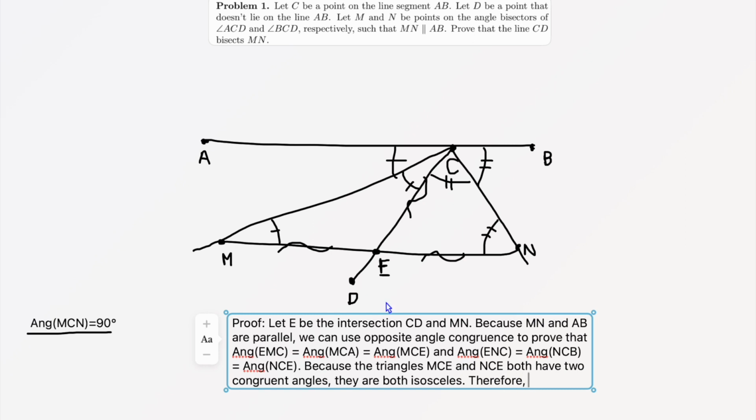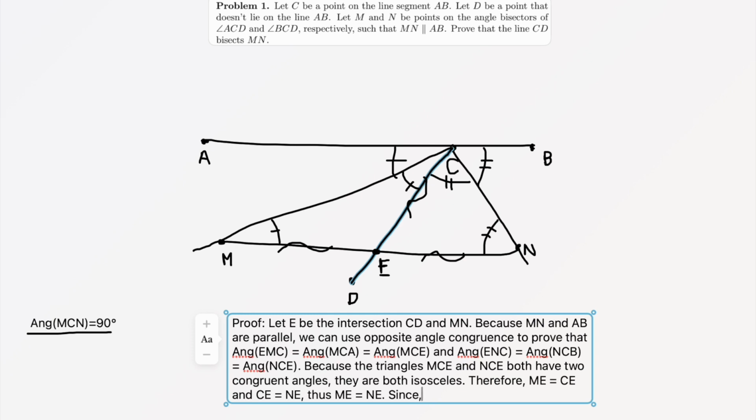Therefore, so we're going to say this is equal to this. ME equals CE, and CE equals NE, thus ME equals NE.